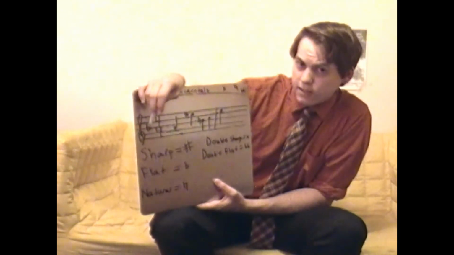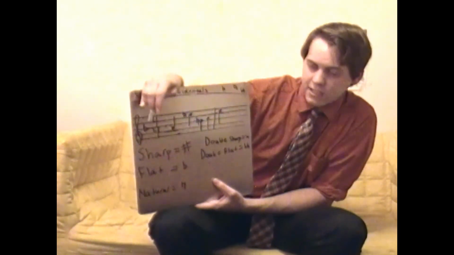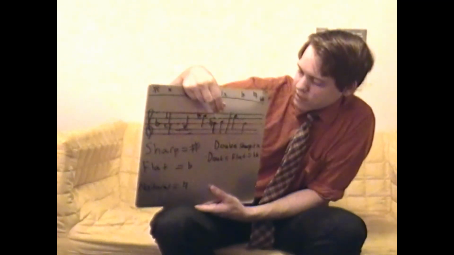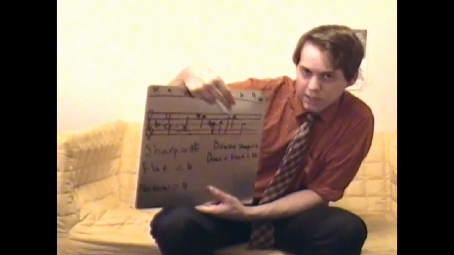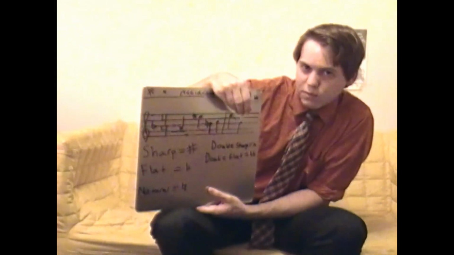Now, again, the flats or sharps in the key signature stay the same throughout the piece, unless there's a natural sign next to it. So this natural sign is negated by this bar line in this new measure, which means that this is back to a B flat.